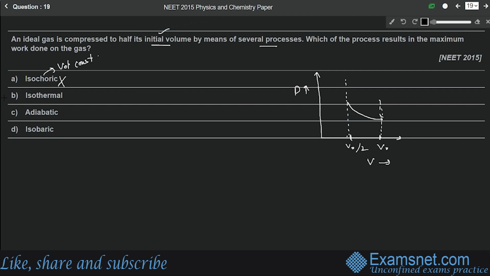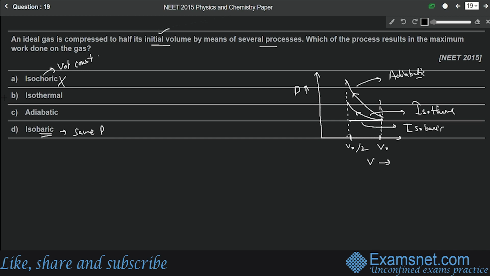For adiabatic, it will be like this, above the isothermal. And for isobaric, same pressure, pressure will not change. It will be a straight line like this. So this one is isobaric. Above this is isothermal. And the uppermost one is adiabatic.